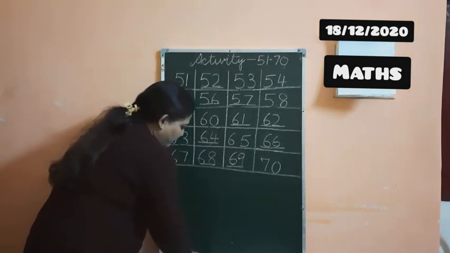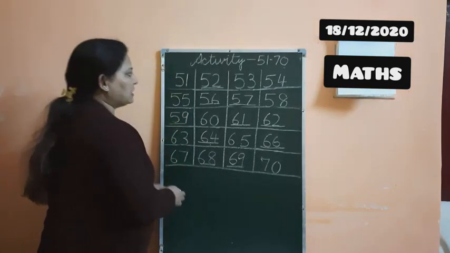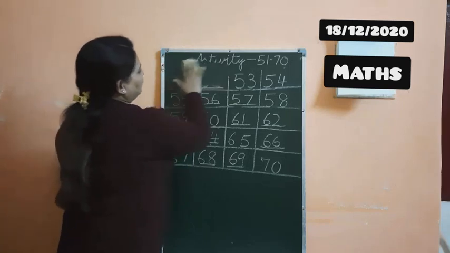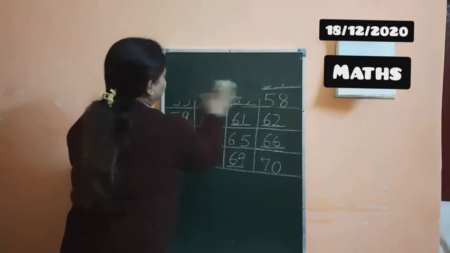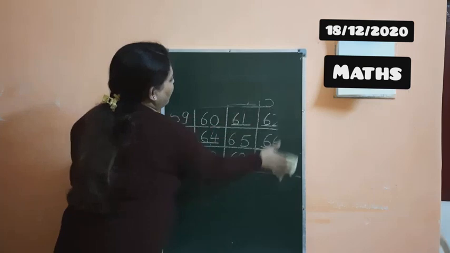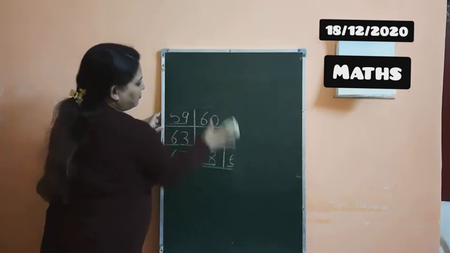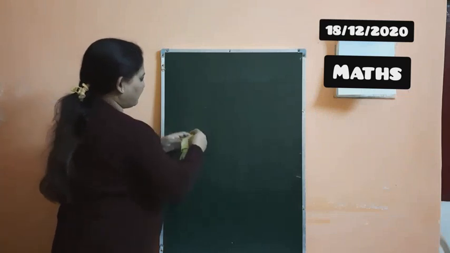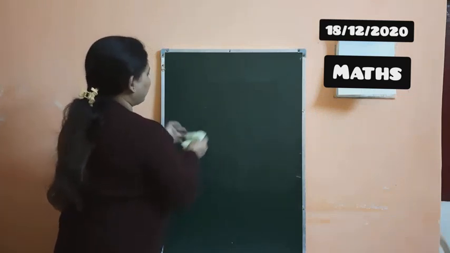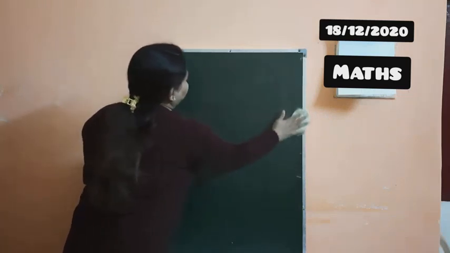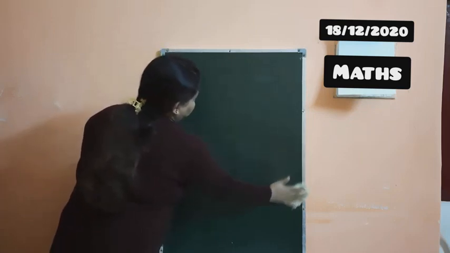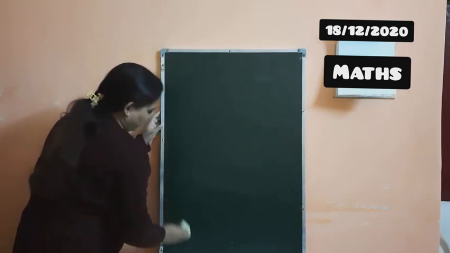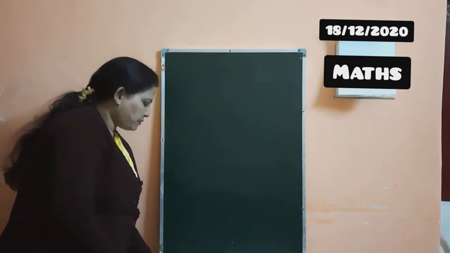Now we will move to our new topic, that is what comes before. What comes before will come only between 1 to 20 numbers. What comes before, children?